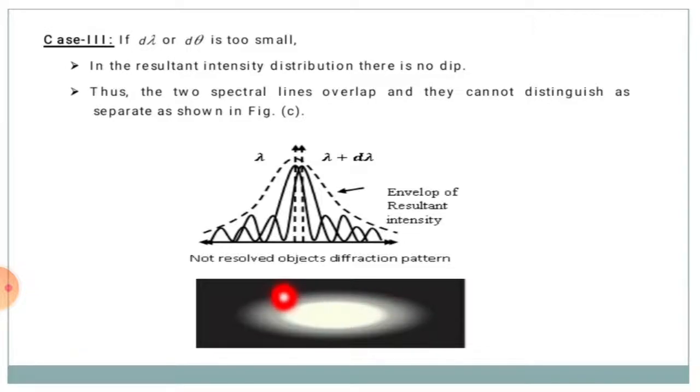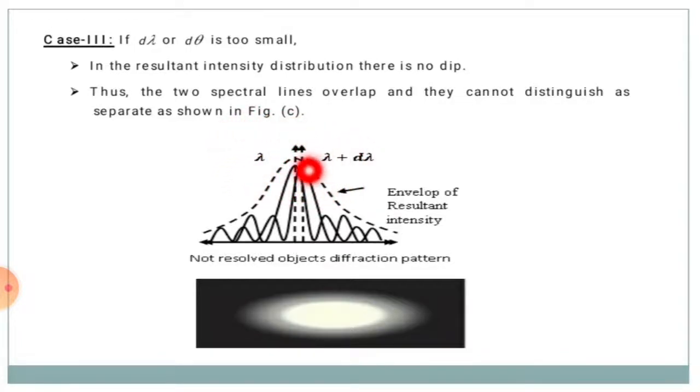Therefore, from the above discussion, it is clear that the two spectral lines are resolved only when the two wavelengths satisfy Rayleigh's criterion of resolution. Rayleigh's criterion is that the central maxima in the diffraction pattern of lambda coincides with the first minima in the diffraction pattern of lambda plus d lambda.